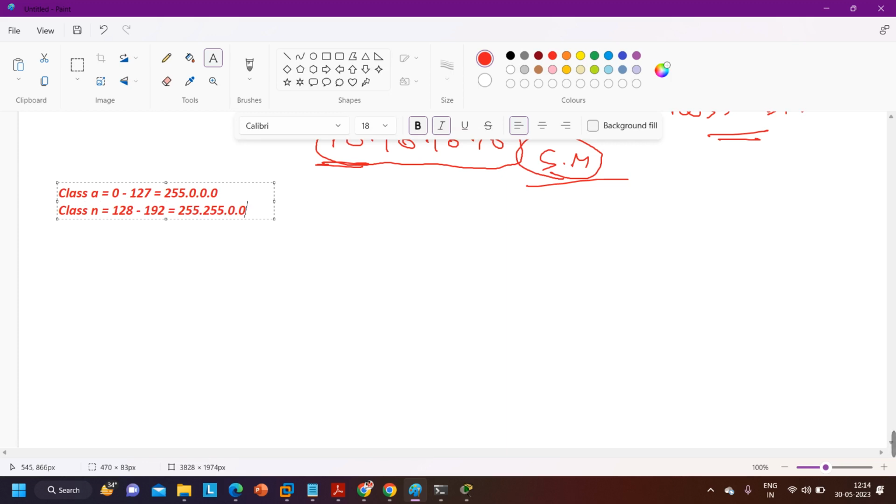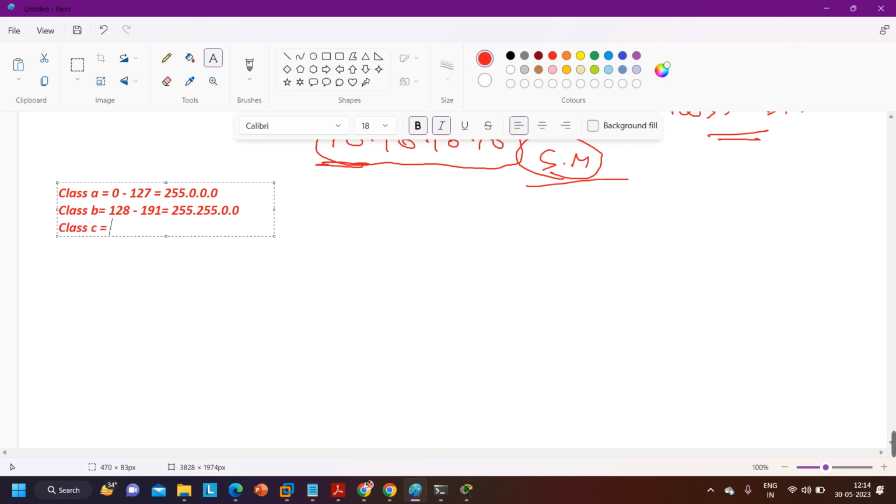So how many network bits are there? Here we have 8 bits and here 8 bits, so in total 16 network bits in class B. This is class B. My writing skill is very bad sometimes, that's okay.